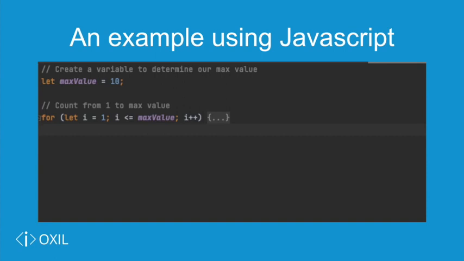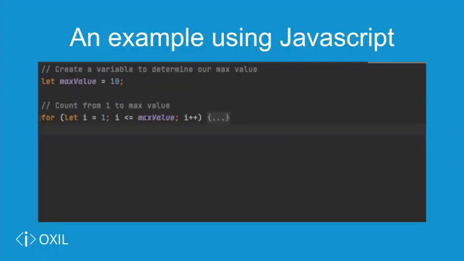But what this line does here is actually says start I at the value of 1, keep going with I until we get up to the maximum value, and each time round add 1 to it. The plus means add 1 to the value of I. So what it means is repeat the next bit of thing I'm going to show you, repeat the logic for every number starting at 1.